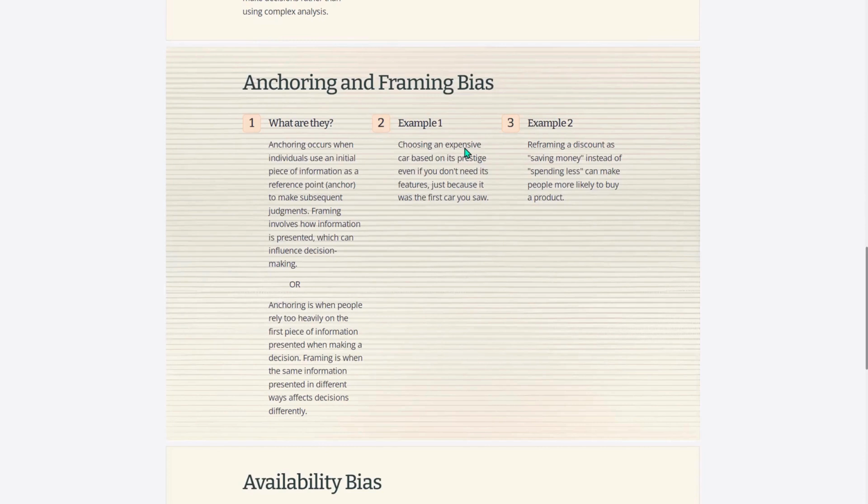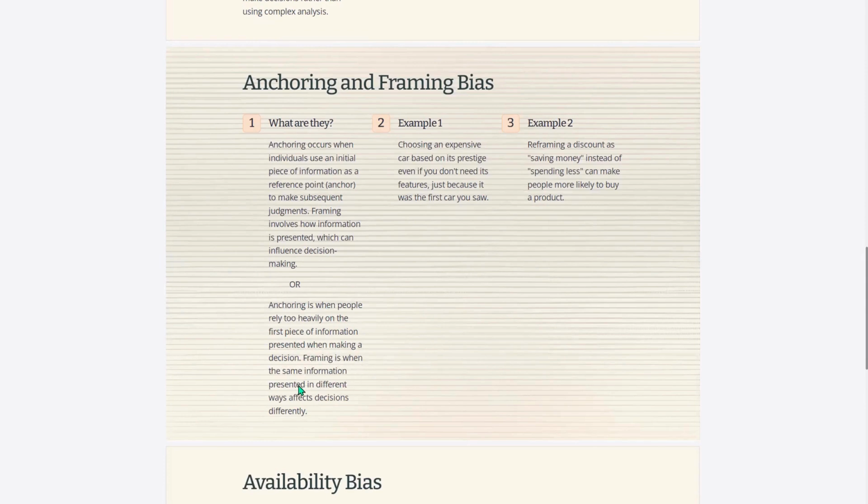Yes. So something about a product anchors you and you're attached to it, like the anchor of a ship, which is controlling you. You're hooked. Anchoring is when people rely too heavily on just one piece of information, like we said, when making a decision.